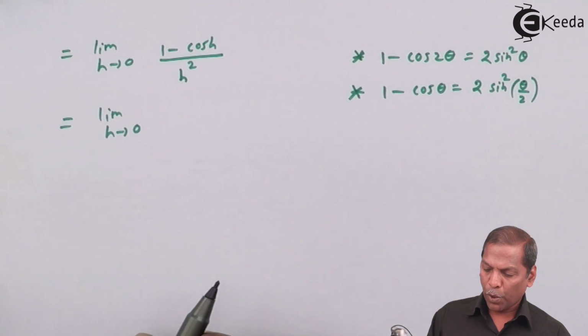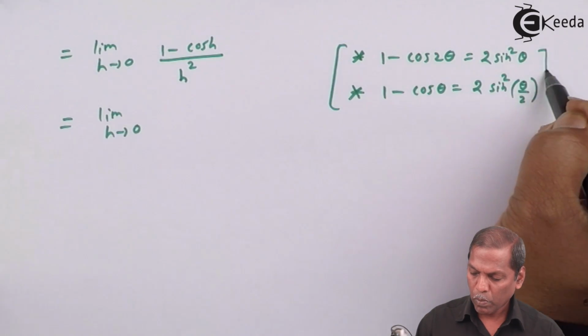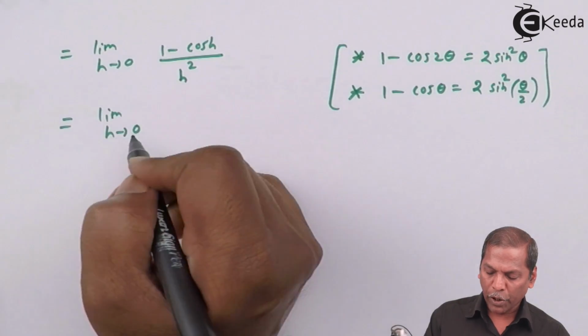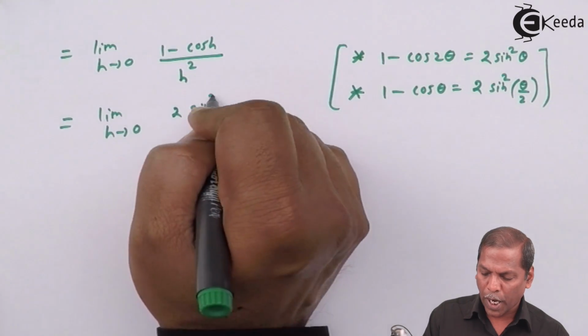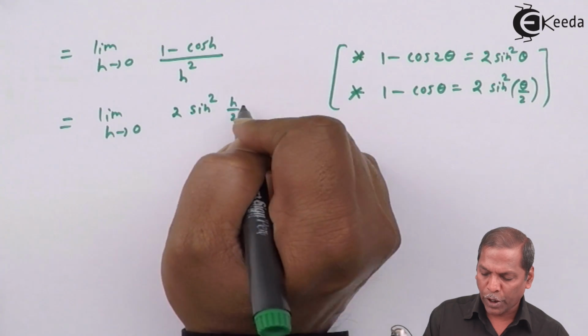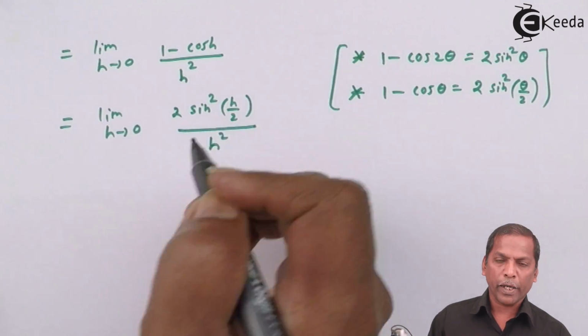So by using this rule, we have limit h tends to 0, 2 sine square (h by 2) whole thing divided by h square.